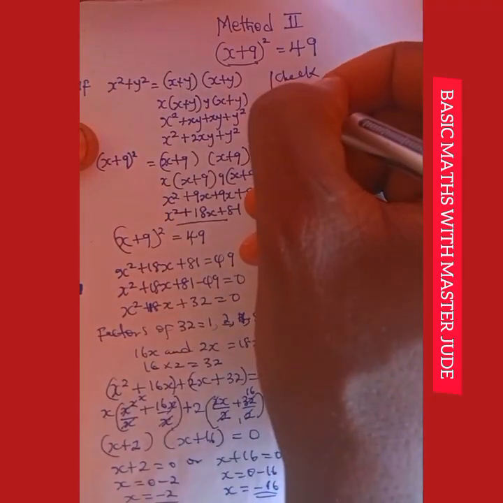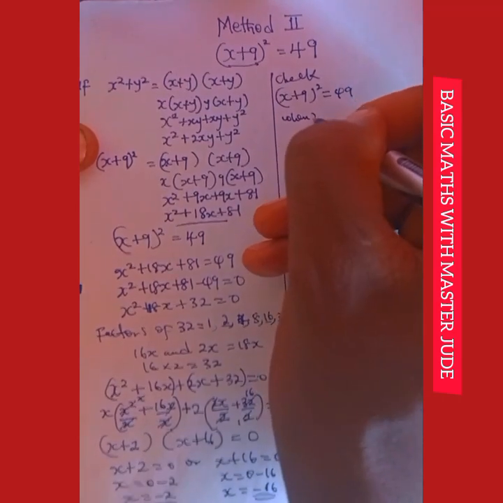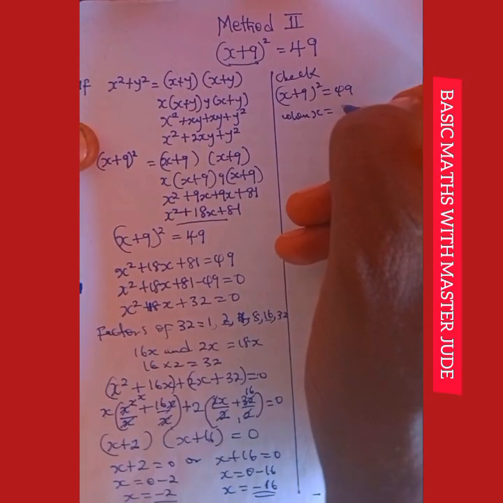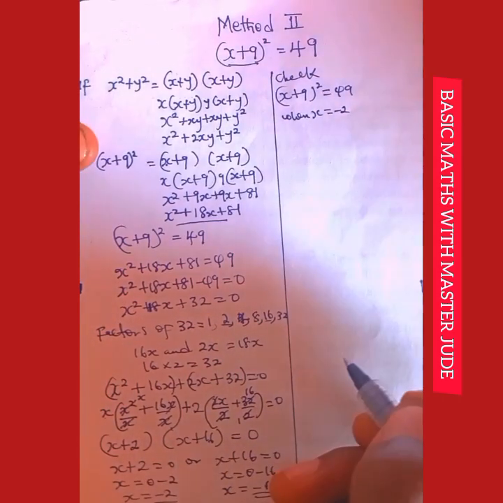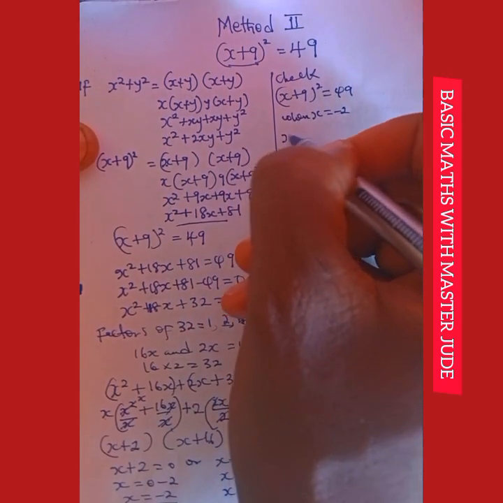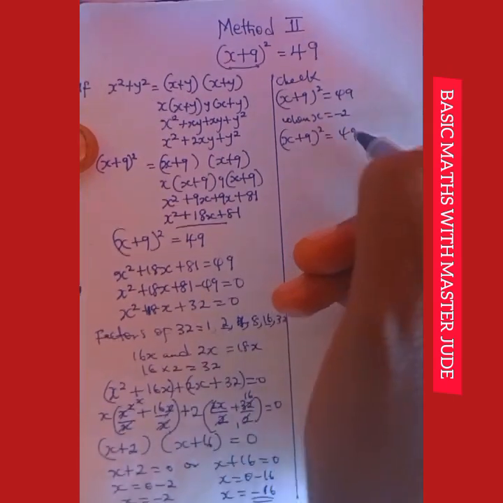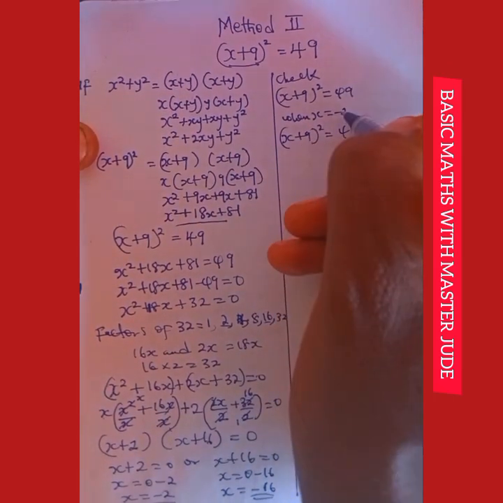I'll bring down this expression, (x + 9)² = 49. Now when x is equal to minus 2, wherever we see x, we replace it with minus 2.